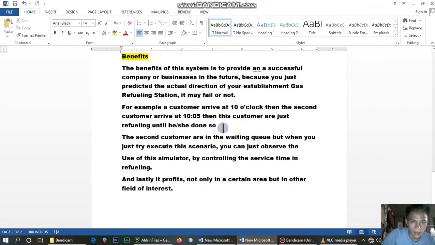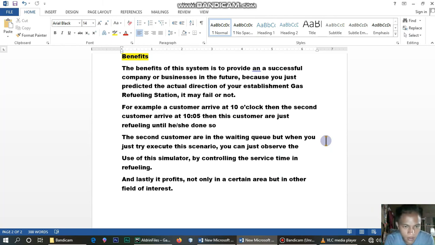Then the second customer is in the waiting queue. For example, a customer arrives at 10 o'clock, then the second customer arrives at 10:05. This customer is just refueling until he or she is done, so the second customer is in the waiting queue.